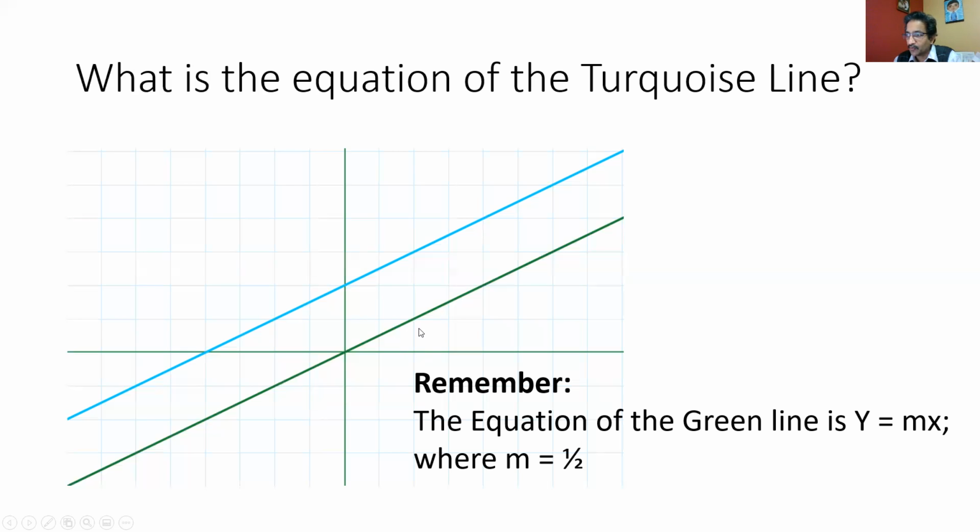I know you know now how to get the points on this green line. Given x is 2, you get y is 1, but I want you to get y is equal to 3. How will you get y is equal to 3 now?